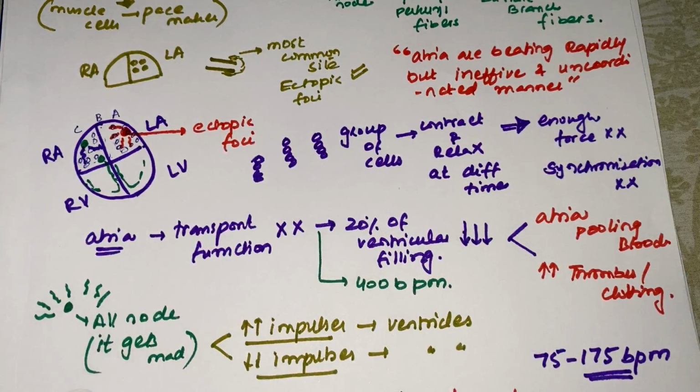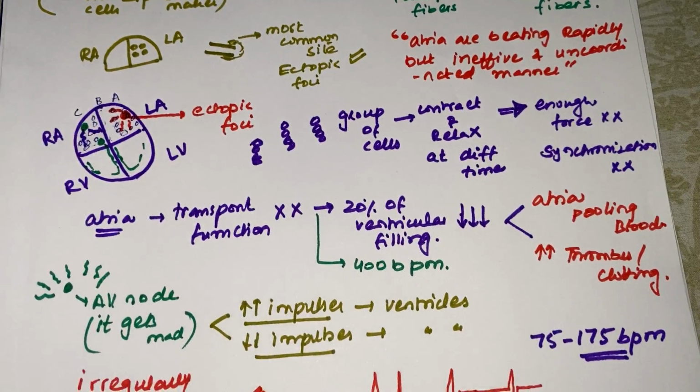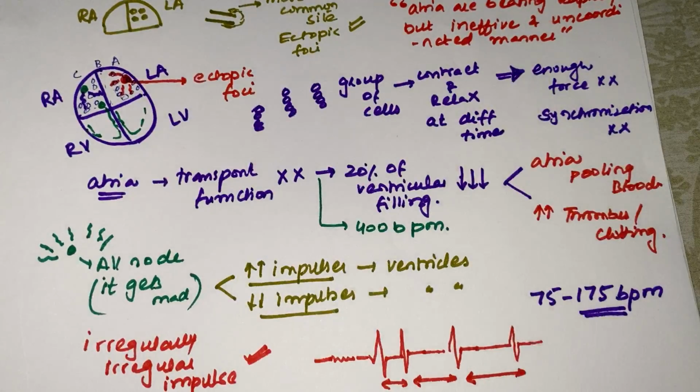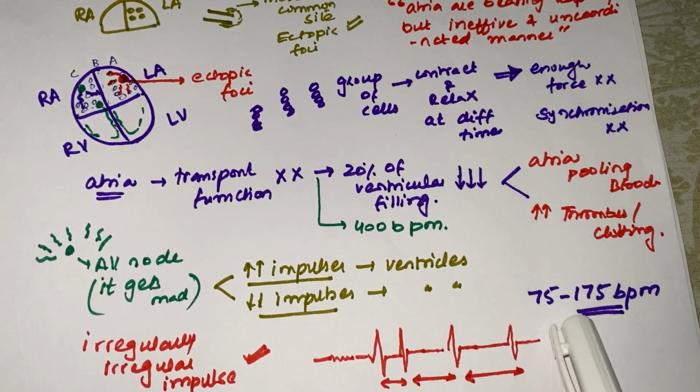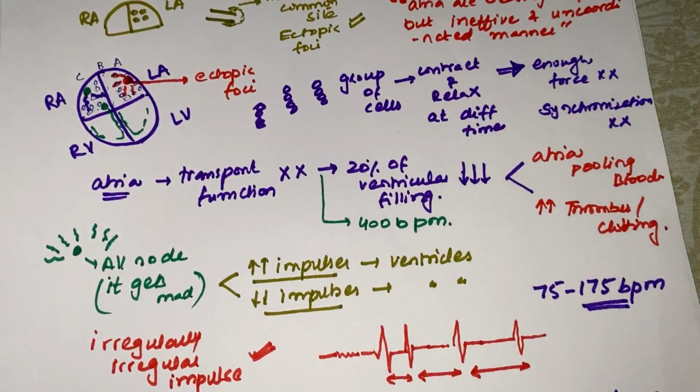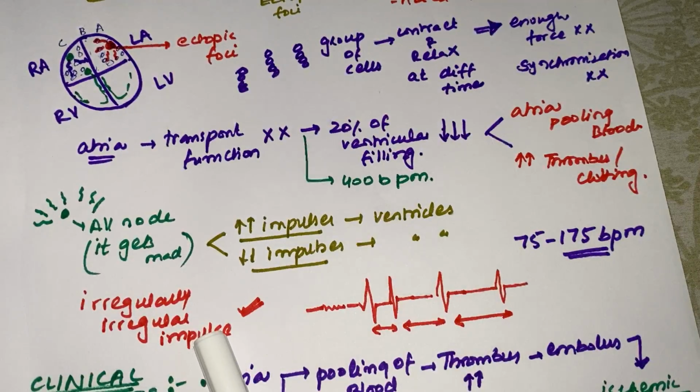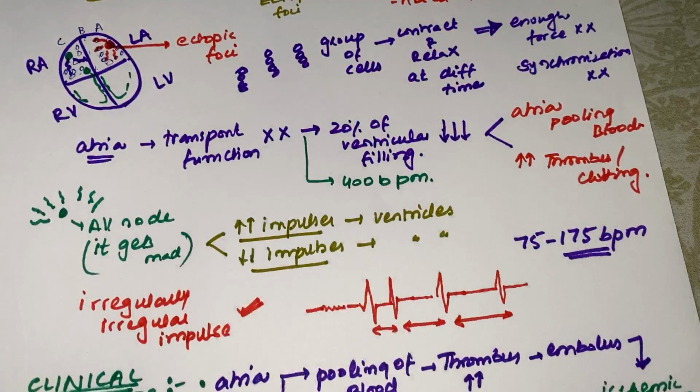Atrial rate is increased. As a result, abnormal impulses then transfer from the AV node to the ventricles, leading to ventricular tachycardia as high as 75 to 175 beats per minute. On the ECG we will see an irregular impulse because of all this scenario.